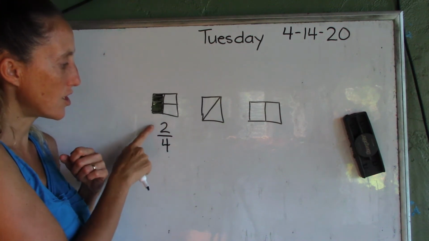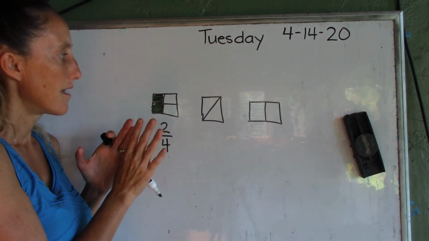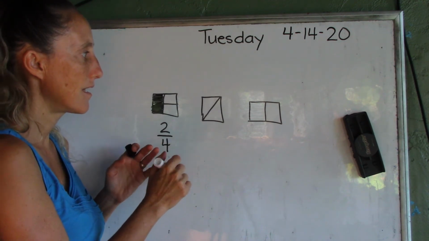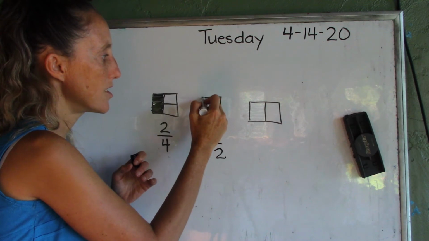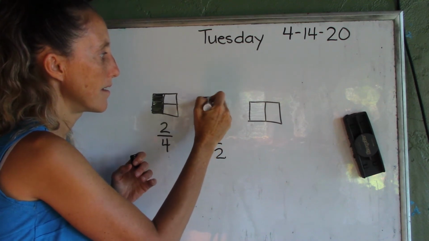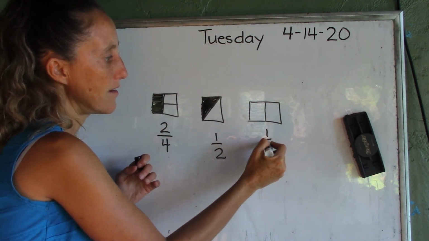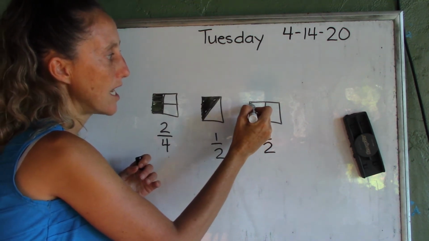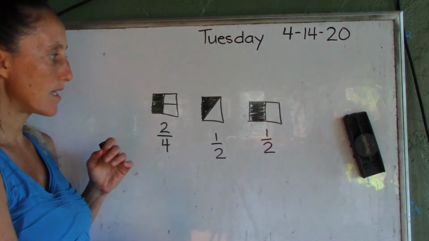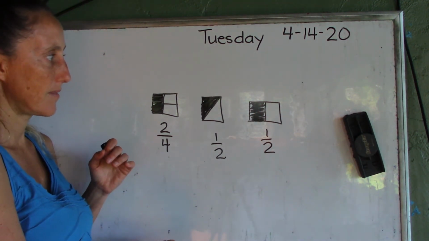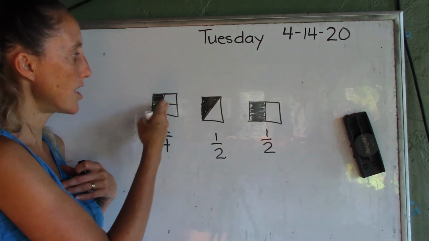2/4. That's a fraction. 2 out of the 4 pieces I colored in. Now if I color in 1/2 of this shape, that's 1 out of the 2 pieces. And if I color in 1/2 of this shape, that's 1 out of the 2 pieces. What do you notice? Well, what I notice is that they're all the same. Half of the shape is colored.